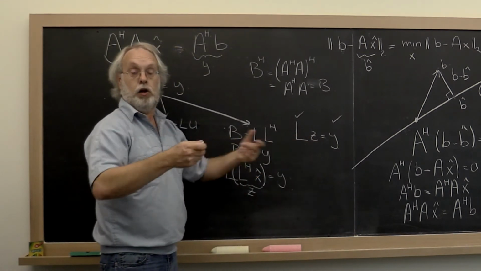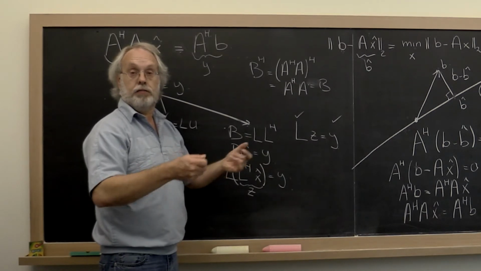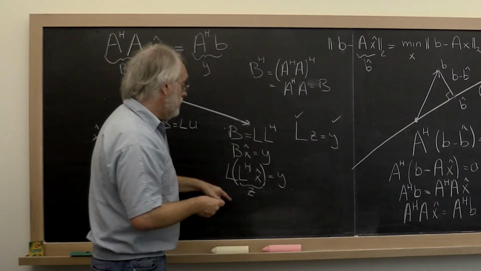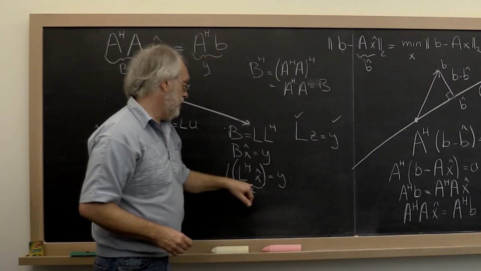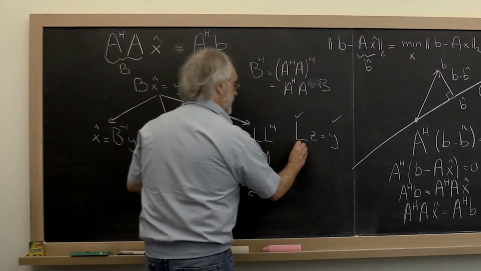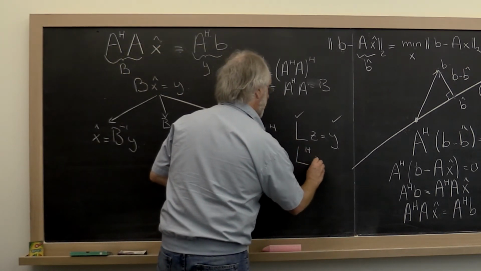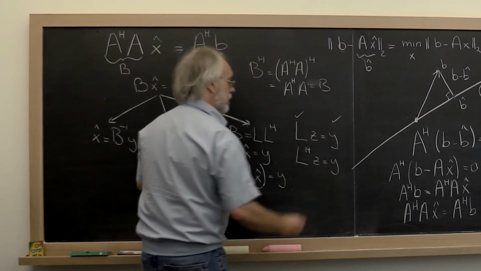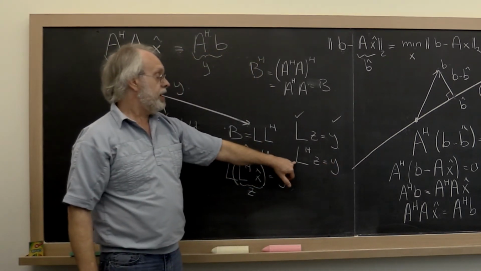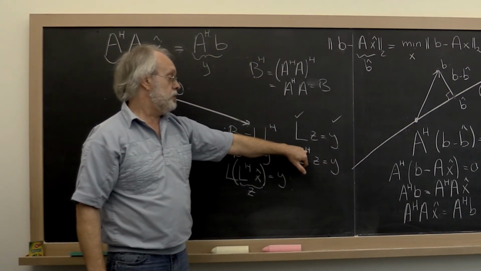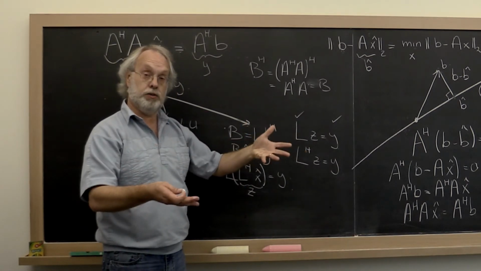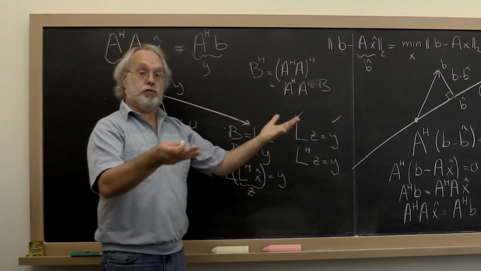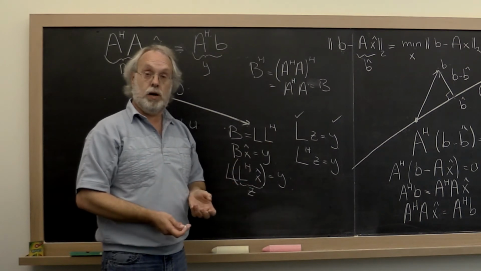That's solving a lower triangular system. That's relatively easy. And then once you have your vector z, you remember that L Hermitian transpose times x hat is equal to z. But notice that a lower triangular matrix, when you compute its Hermitian transpose, gives you an upper triangular matrix, and solving with an upper triangular matrix is relatively easy as well.